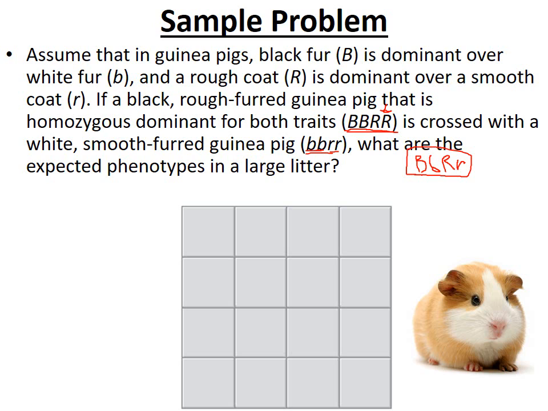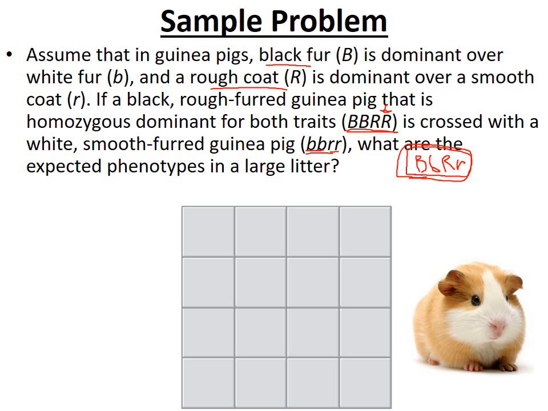You're going to have black and rough coat. That's it. That's 100% of your litter. You could do that in a Punnett square if I asked you. But if I didn't ask you to do that, you would have simply justified your answer the way I did.